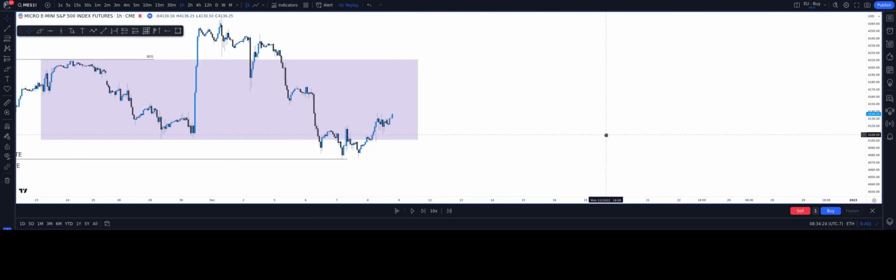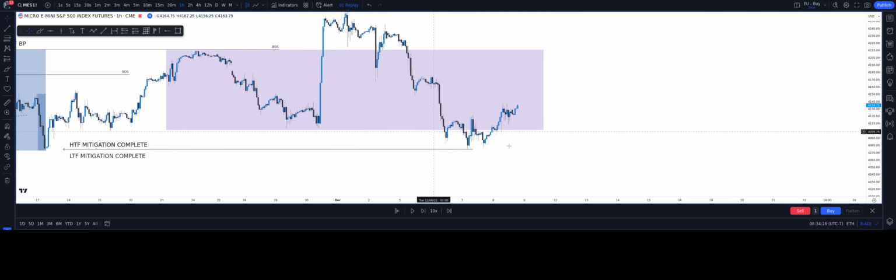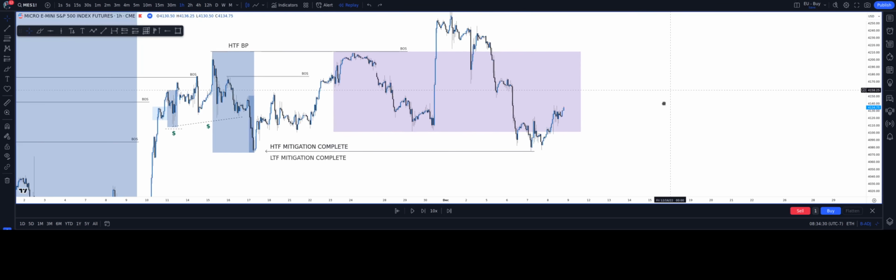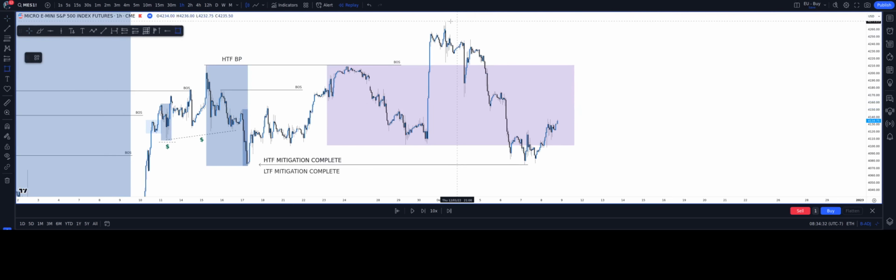So as soon as we've had that mitigation, right, high time frame and lower time frame mitigation, we need to be able to also say that this range that we've just created here needs to become a biprimary, right?